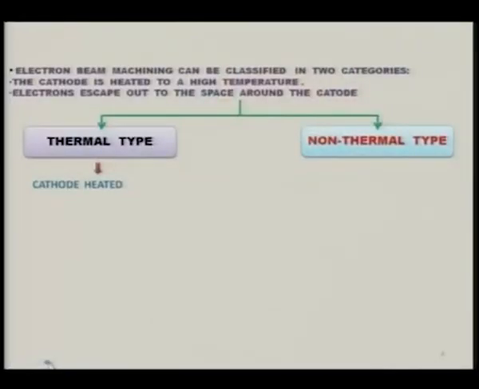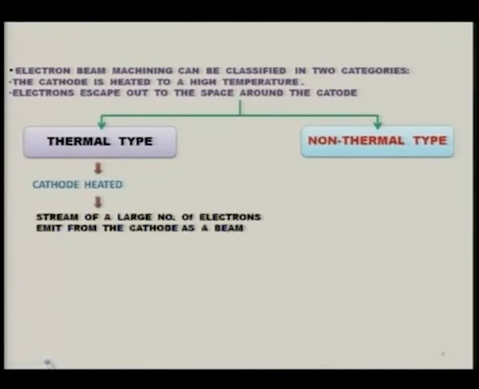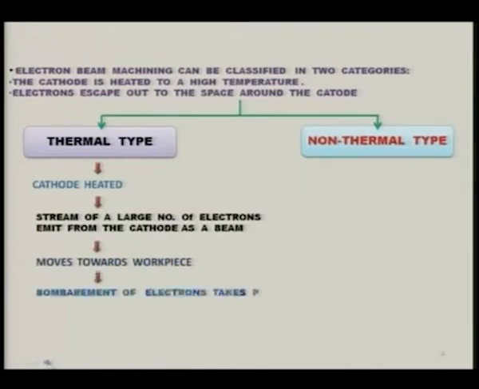As mentioned earlier, the cathode is heated to a very high temperature. As a result of that, a stream of a large number of electrons emits from the cathode as an electron beam. Now this beam moves towards the workpiece, and once it hits the workpiece, bombardment of electrons takes place in a localized area on the workpiece.